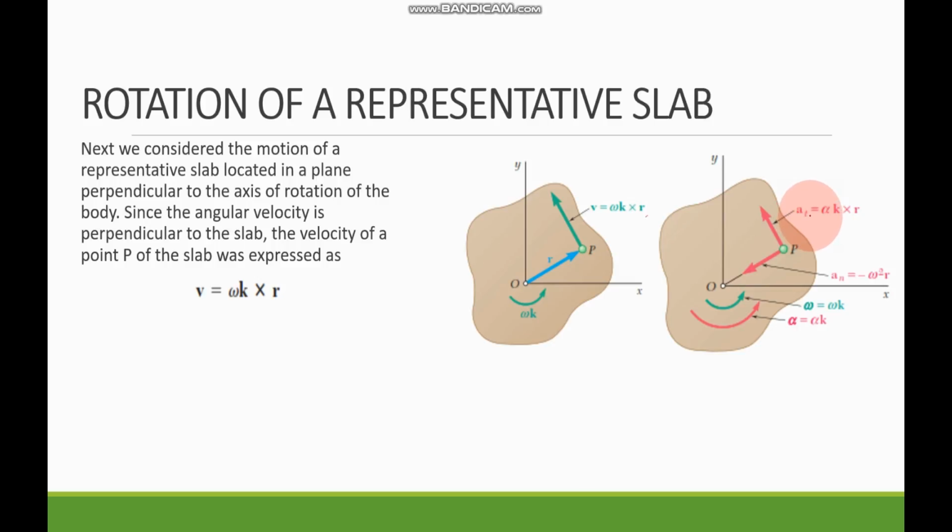So the tangential component is expressed as the vector product of the angular acceleration and the position vector. And then the normal component of the acceleration is given by this formula, which is the negative product of the angular velocity squared multiplied by the position vector r.